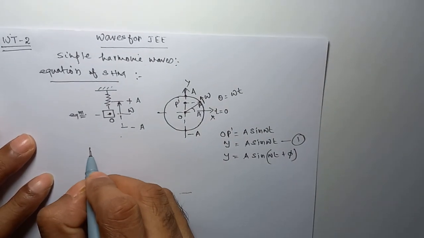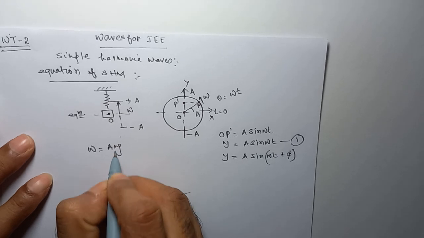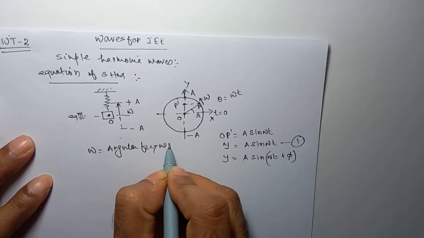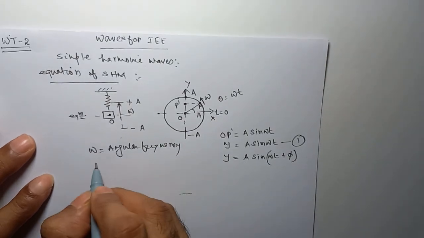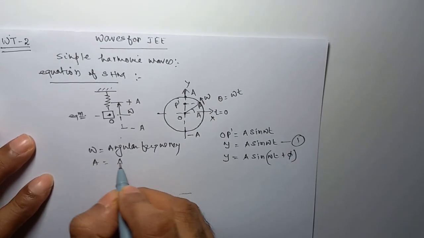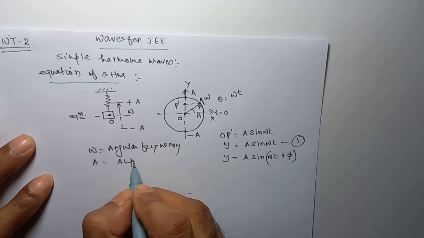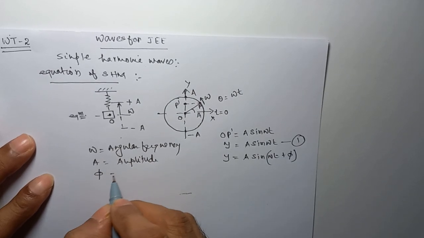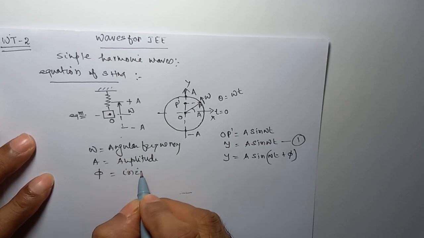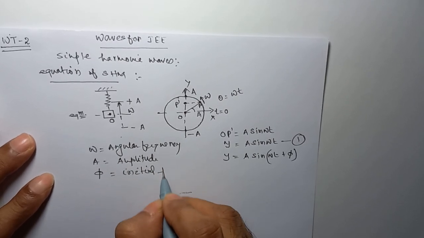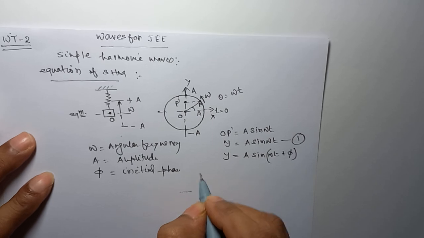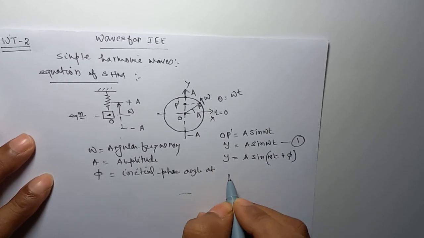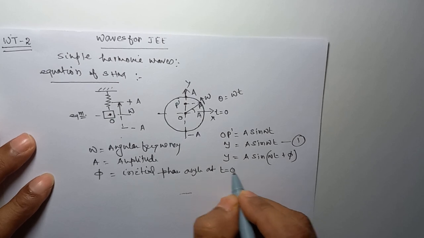Here omega is the angular frequency, A is the amplitude, and phi is the initial phase angle, the initial phase angle at t equal to 0.